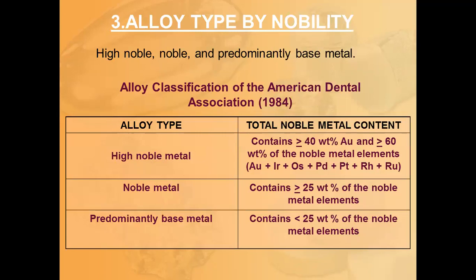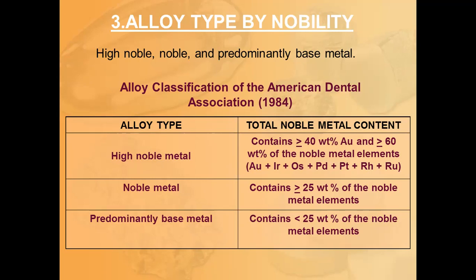Next classification, alloy type by its nobility. This classification is according to the American Dental Association 1984: high noble metal alloy, noble metal alloy, and predominantly base metal alloy. High noble metal alloy contains more than or equal to 40% by weight gold, and more than or equal to 60% by weight other noble metal elements.